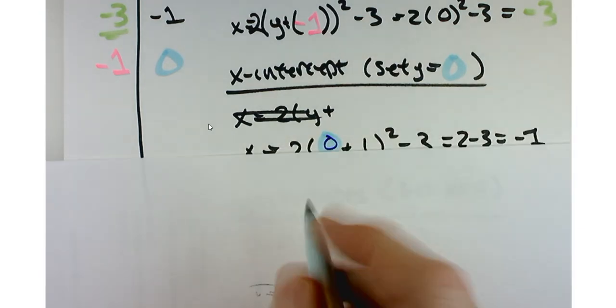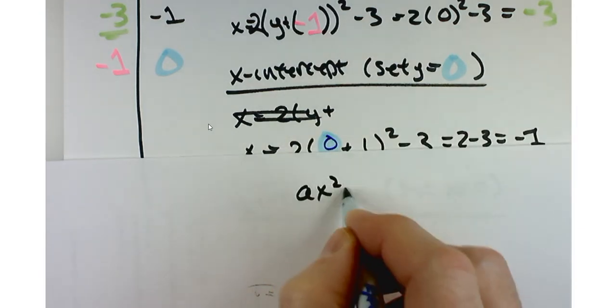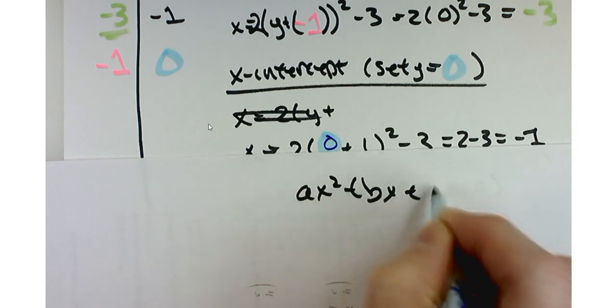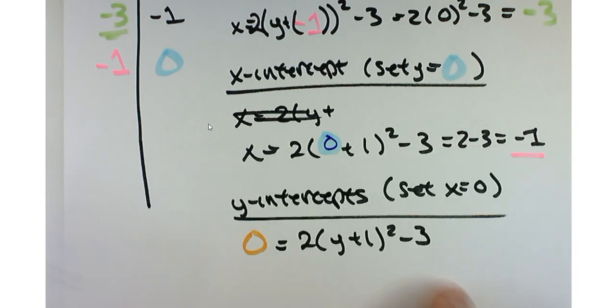You'd have to write it in the form of ax squared plus bx plus c equals 0, which means you'd have to square this out, which is y plus 1 times y plus 1, FOIL it out, then distribute the 2, then combine like terms and subtract the 3. There's a fair amount of work involved there.